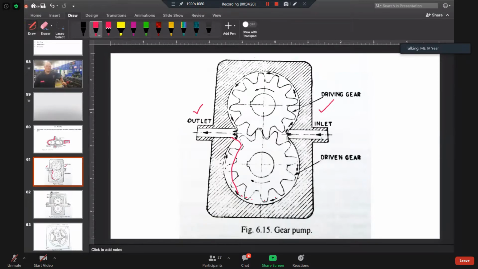So that minimum outlet pressure should be fixed. When we are sending this high pressurized oil, it should be high enough to reach all the components or parts wherever lubrication is required.